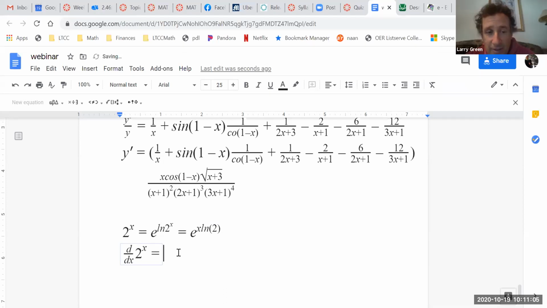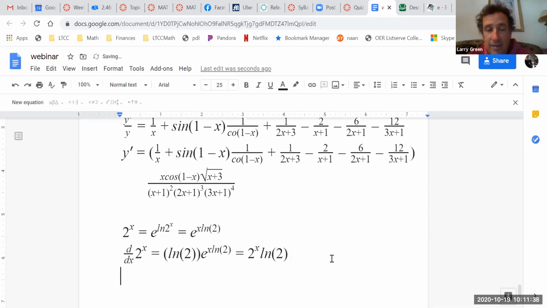So it's just ln of 2 is the derivative of the inside. And the derivative of e to something is itself. So we just get times e to the x ln 2. But what is e to the x ln 2? That's 2 to the x. So we can rewrite this as 2 to the x times ln of 2. And there's your derivative of 2 to the x.